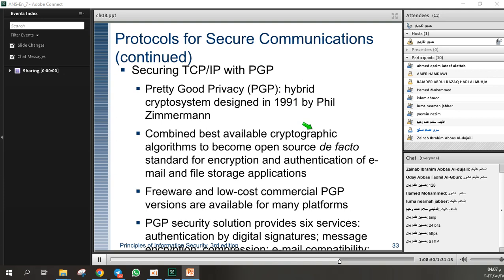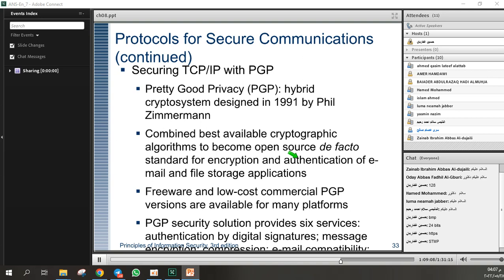Not only for emails, I can use PGP for securing the whole TCP/IP traffic. It uses cryptographic algorithms, and it's also an open source standard.